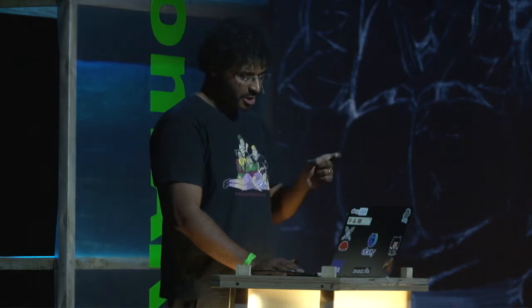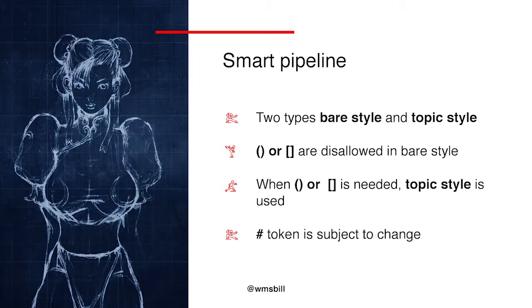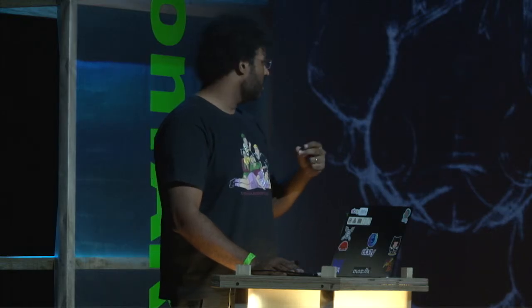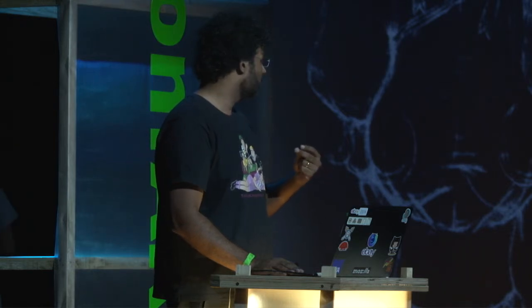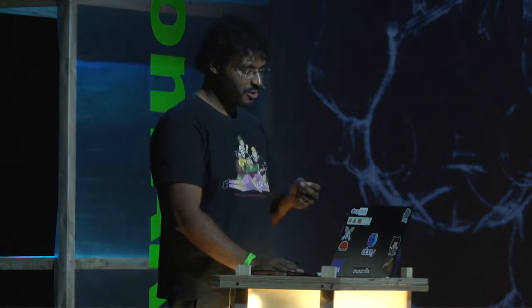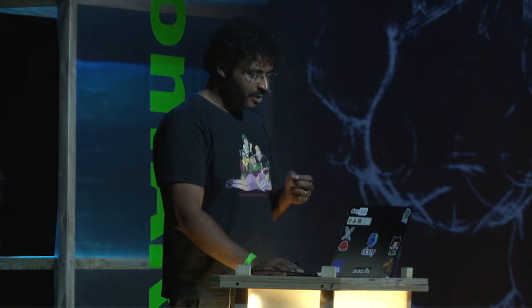We have some rules for that. Whenever you need to use parentheses or square brackets, you need to use topic style. Otherwise, you have a type error, syntax error, sorry. And the sharp token is not final; the current proposal is still subject to change.